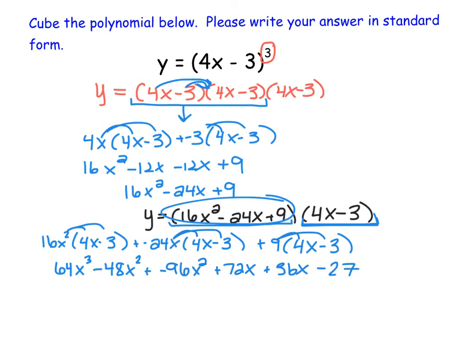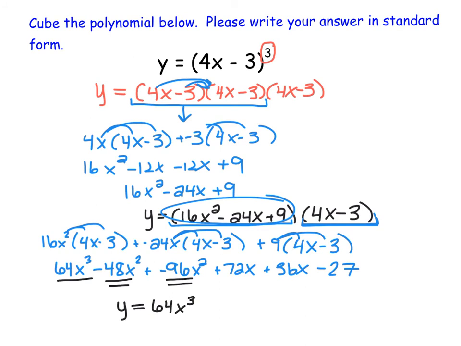So we're almost ready to write our final answer here. We just need to combine our like terms and write it in standard form. We end up with y equals, and we'll start with the biggest exponent, which is cubed. We only have one of those, so that becomes 64x cubed. We then move on to the squareds.